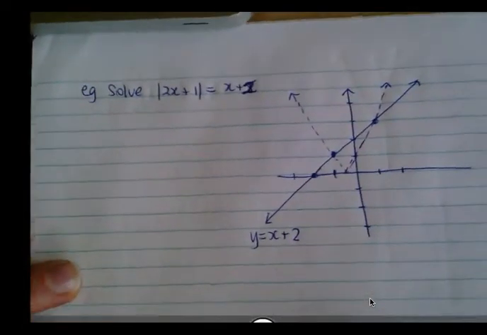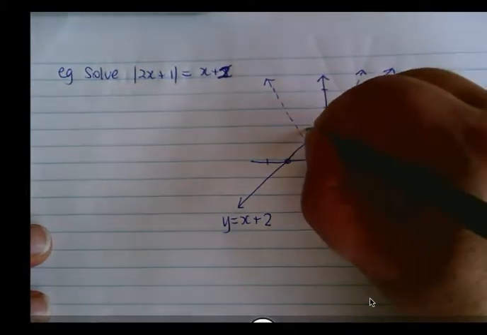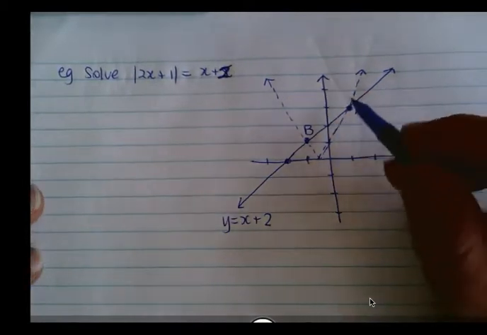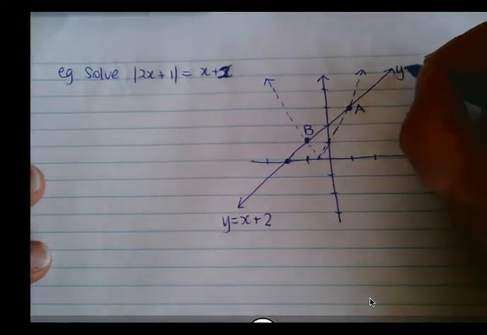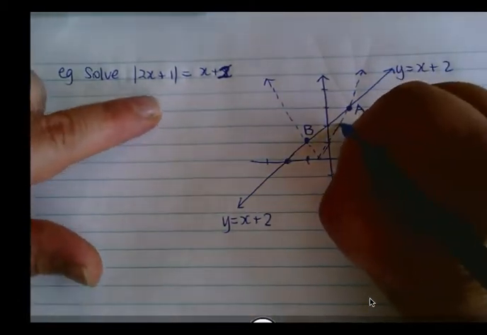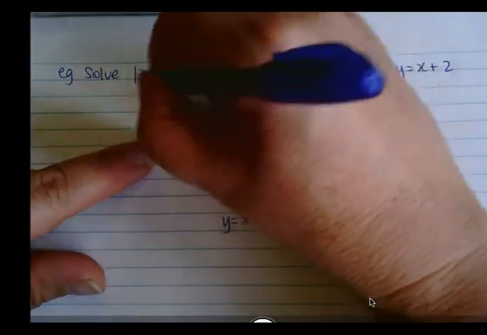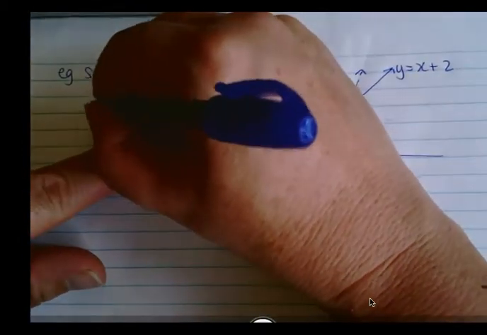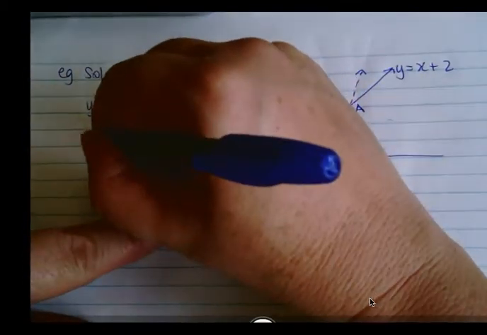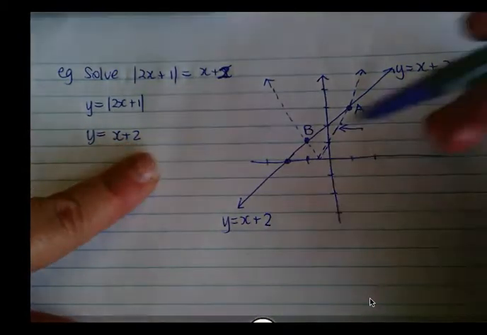So we've got this here. To find the point of intersection A and the point of intersection B, this is the equation of the straight line, y equals x plus 2, it always is that. If I want to solve this simultaneously, what we're really doing is drawing y equals the absolute value of 2x plus 1 and drawing y equals the straight line x plus 2 and seeing where they intersect.